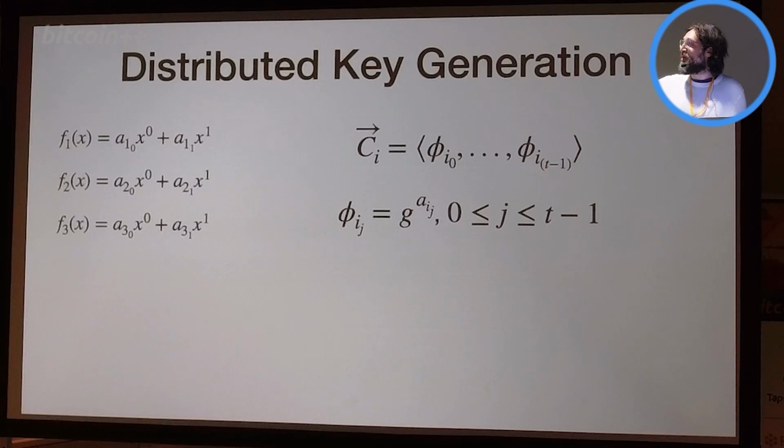So we have G to the a_i0, G to the a_i1, and so on. We're taking the polynomial and creating this committed form, but we're hiding the secrets, which are the coefficients themselves. And we're creating this commitment vector C_i that has the committed form of each coefficient for each polynomial.